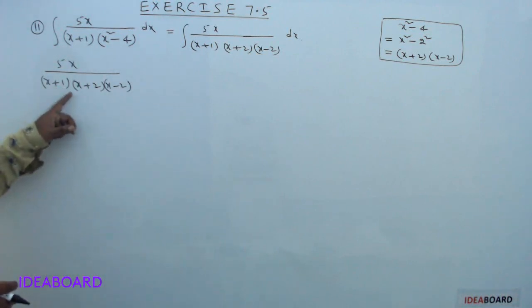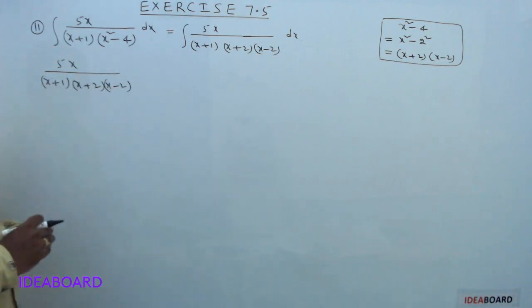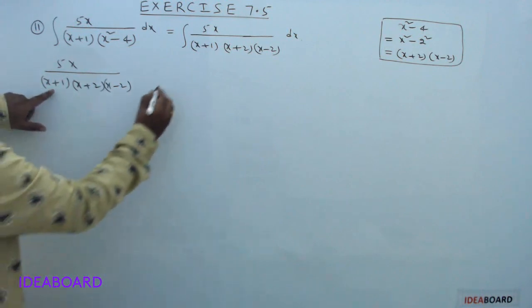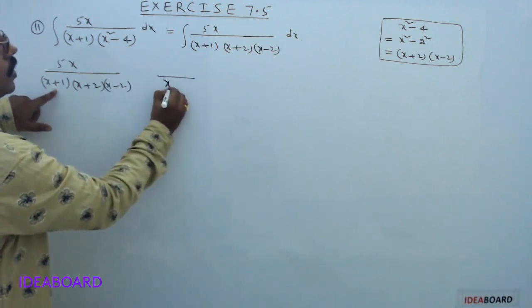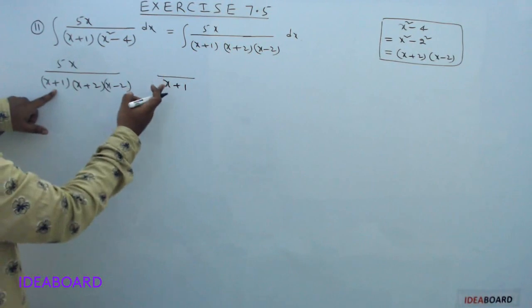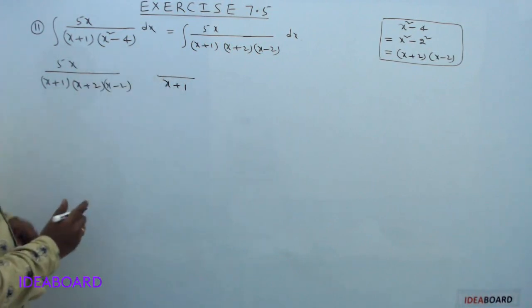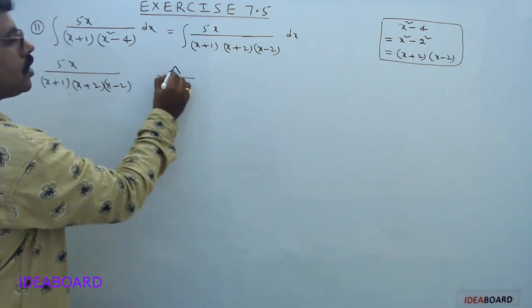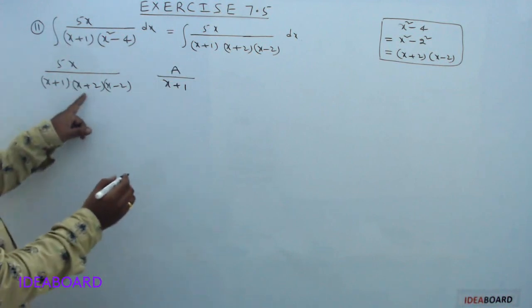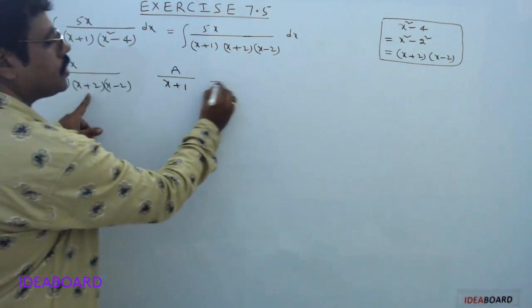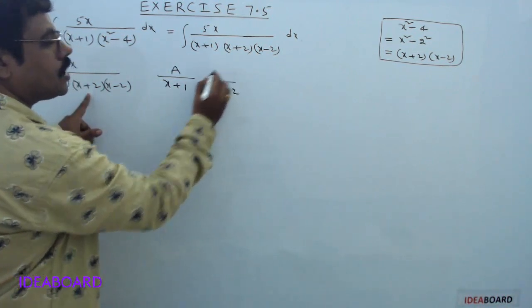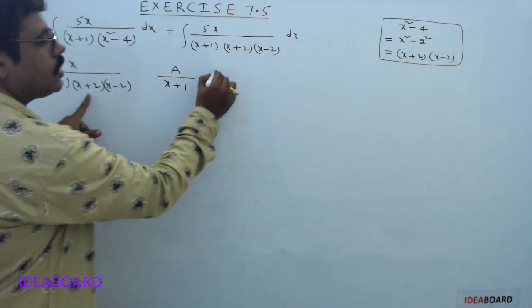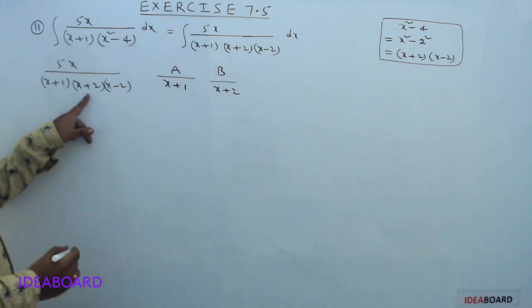Now, how to resolve this fraction into partial fractions? Corresponding to every non-repeated linear factor, there exists a constant term in its numerator. Take that constant term as a. Corresponding to x plus 2, take the constant as b.